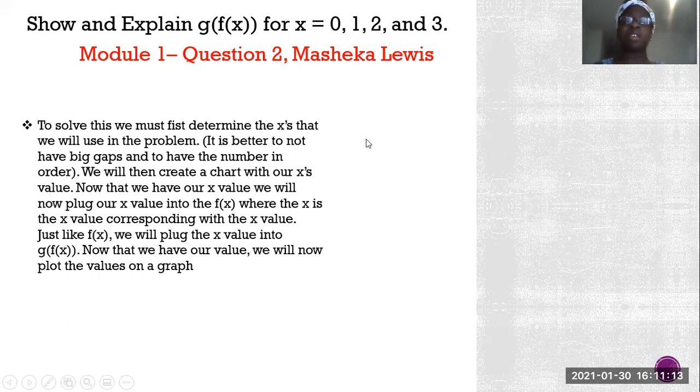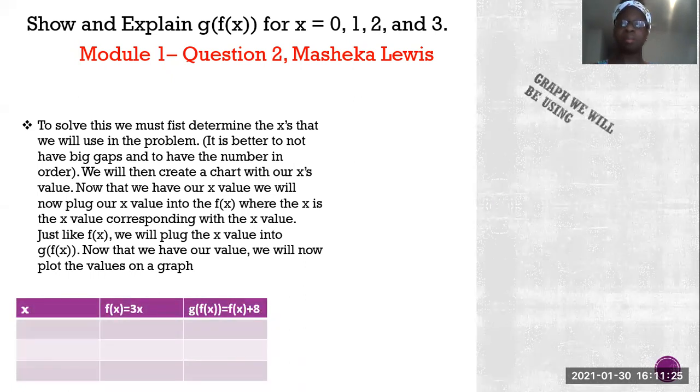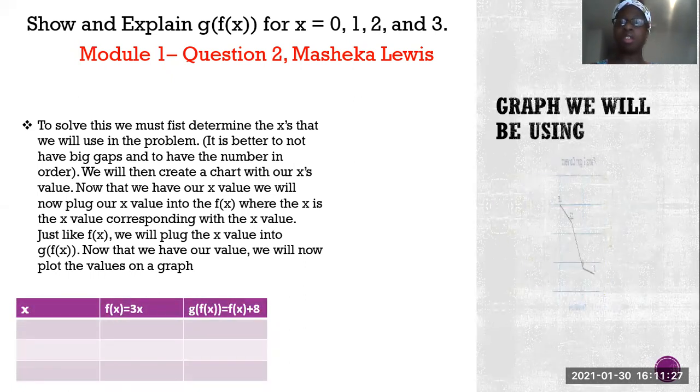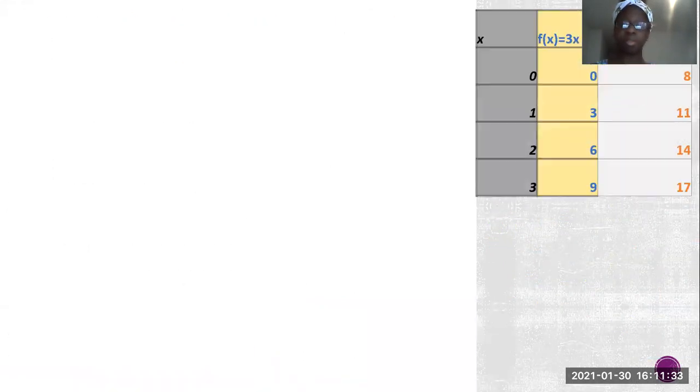Now to solve this, it will be easy to create a chart so you don't get sidetracked, and then you'll know what goes where. And then we'll also have to graph our slopes. So this is our chart we'll be using. And then the graph we'll be using is the same type of chart. So here go our x column, which is our 0, 1, 2, and 3.